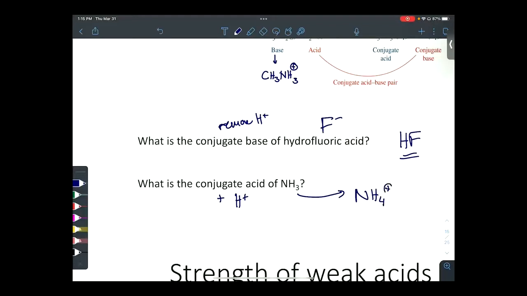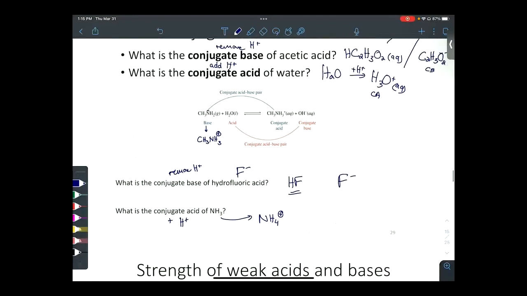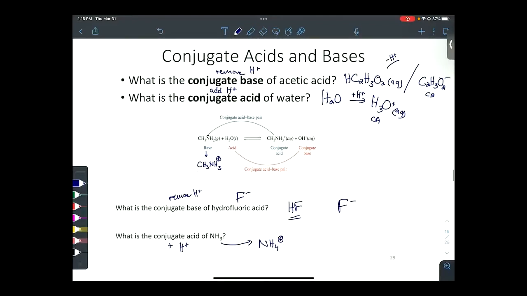Do note, when we're adding or removing hydrogen, you're also changing the charge. So you've got to remember those. All right, so those are questions concerning conjugate acids and bases. Just know that they differ by one hydrogen ion. They all differ by one.